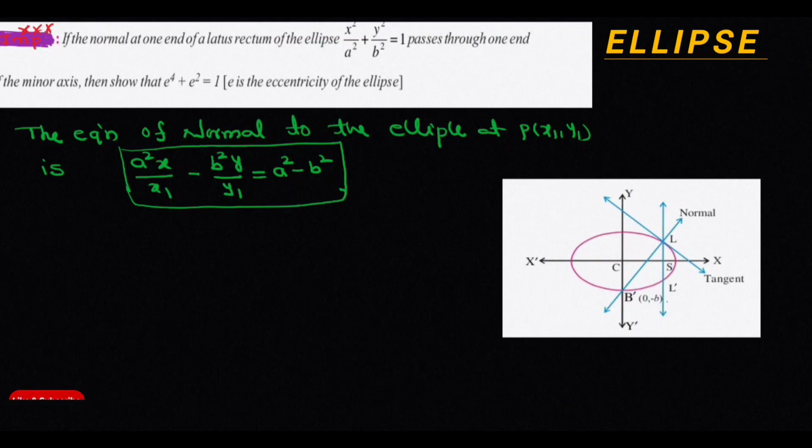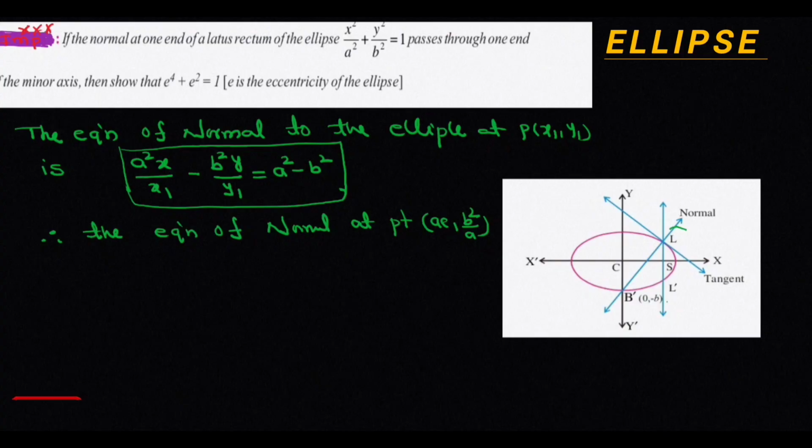Now write the normal equation of the given ellipse. The equation of normal at one end of the latus rectum, we suppose that (ae, b square by a) is one end of the latus rectum, here L. Now substitute x1, y1 in the above formula.